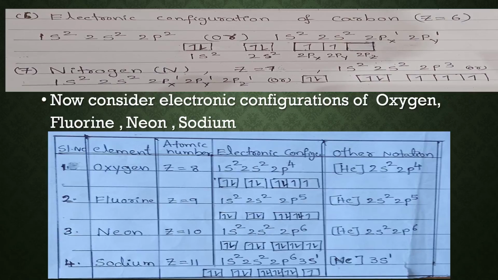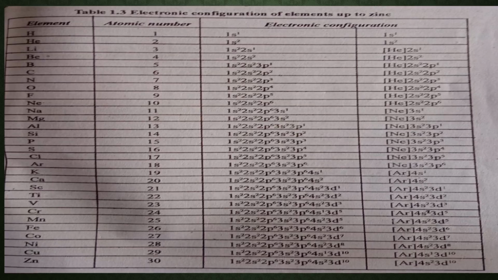So we can write sodium electronic configuration as [Ne] 3s1. Children, we have a table here. In this table, electronic configurations are from hydrogen, the first element, to the 30th element zinc. You go through the table thoroughly and practice well.